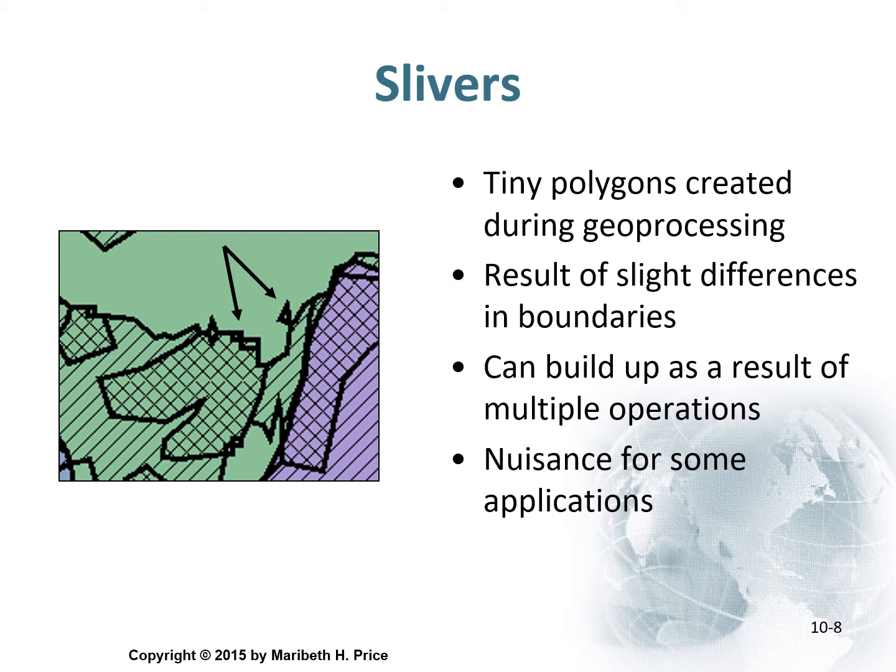You go to process something, and you're thinking it's a reasonable sized data set, and all of a sudden you've got a million polygons, and you're like, where did all these polygons come from? Well, the majority of them are these tiny little slivers, and they can basically grind a lot of processes to a halt. So it's important that you recognize the need to get rid of stuff like this and to set boundaries to take care of it.